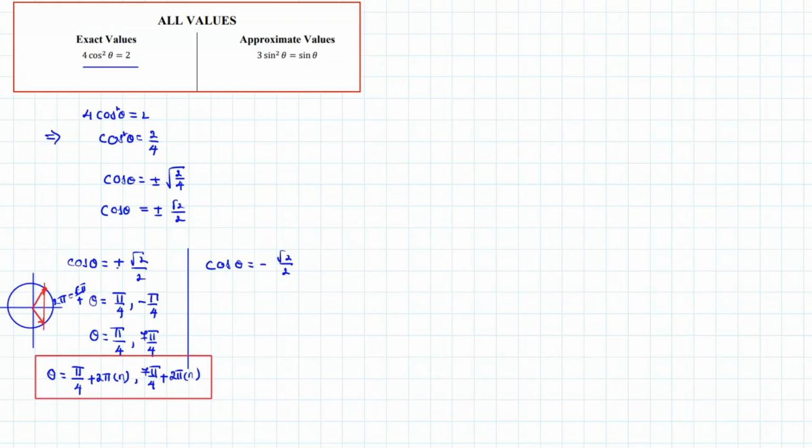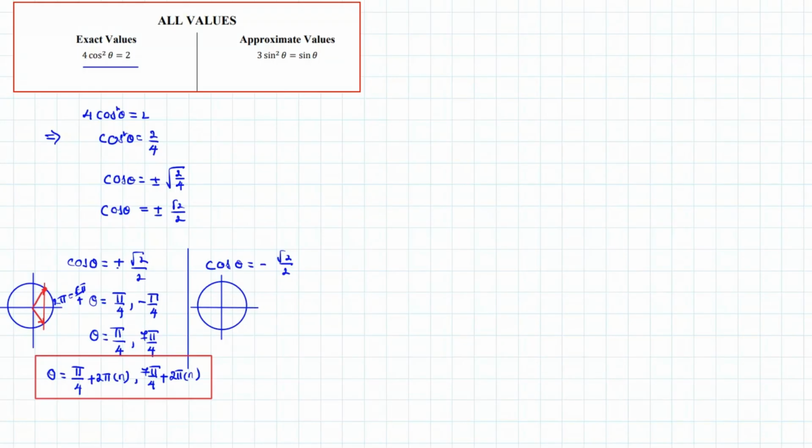Since cos is related to x, right, we draw the line x equal to negative root 2 over 2. This line intersects the unit circle at 2 points, in the second quadrant and the third quadrant, right? So this one and this one.